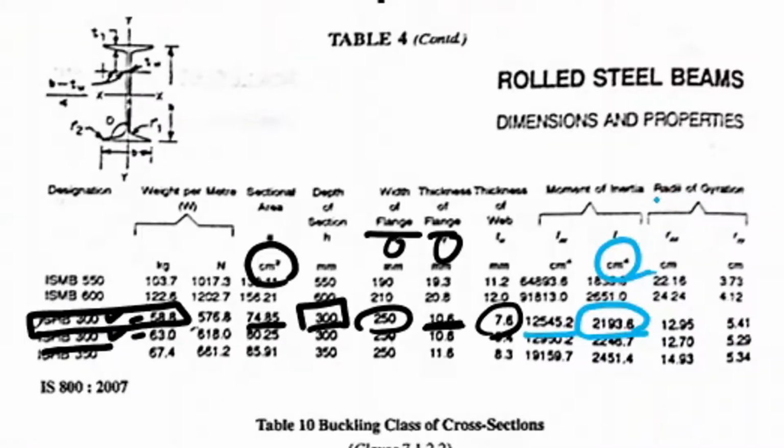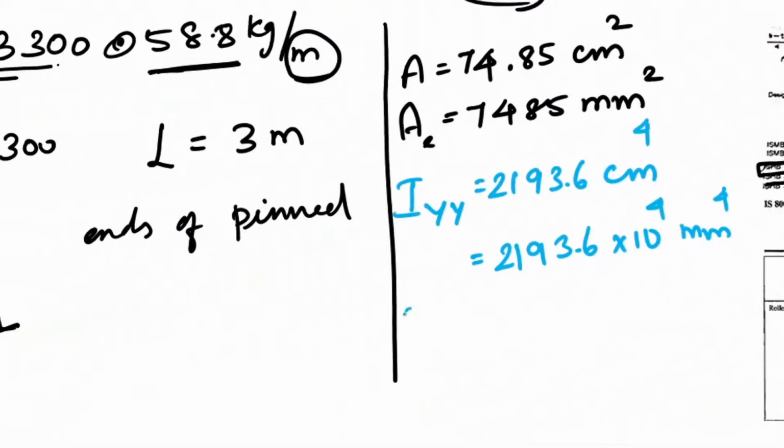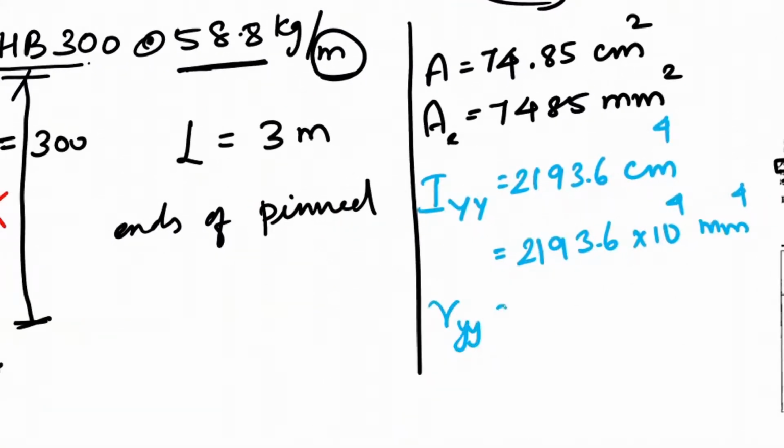In radius of gyration as well, we have RXX and RYY. RXX, the radius of gyration about XX, is 12.95 centimeter, and the radius of gyration about the axis YY is 5.41. My concern is always the least value, 5.41. So Ry is 5.41 centimeter.